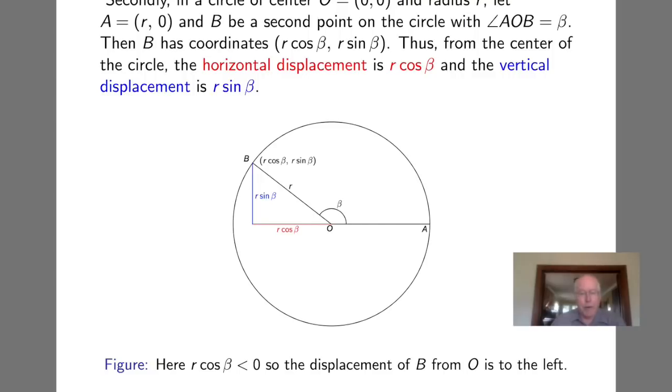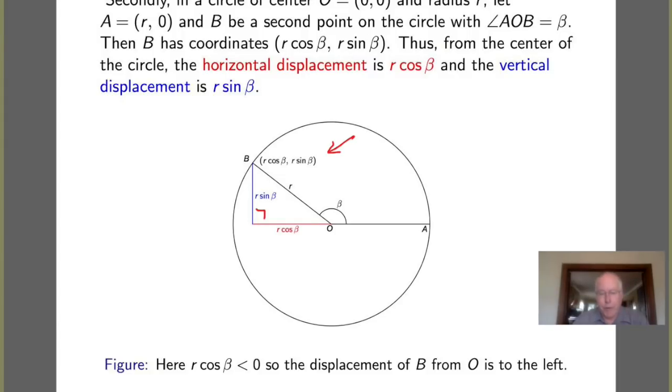And of course, if you remember your trigonometry well, this is really nothing more than the circle definitions of the trigonometric functions. So in particular, if we take a look at an angle beta here, the right triangle trigonometry shows us how these coordinates are given by simple trigonometric relationships.